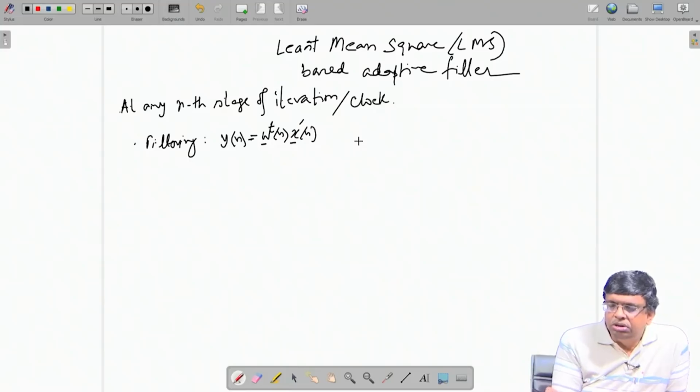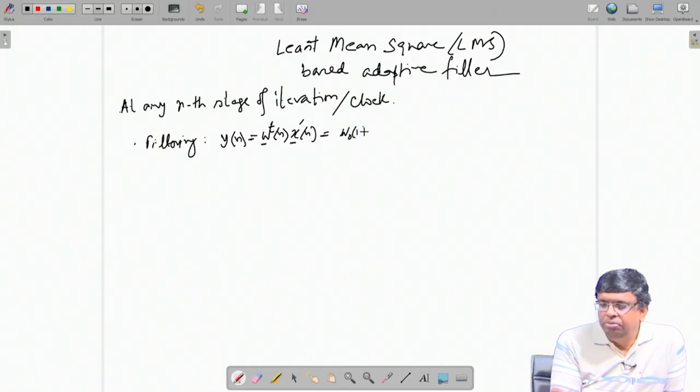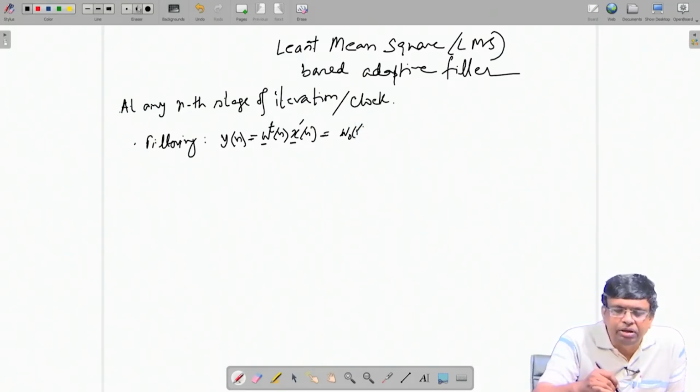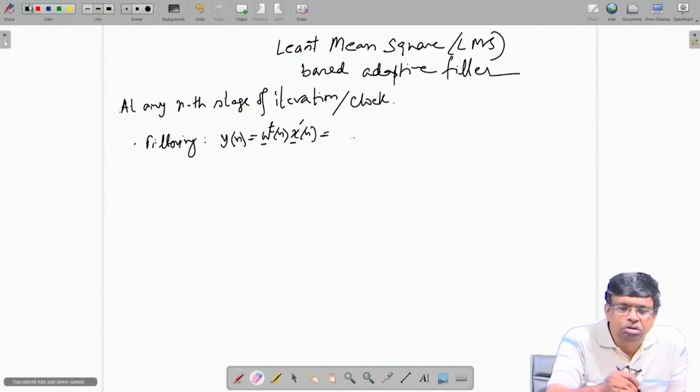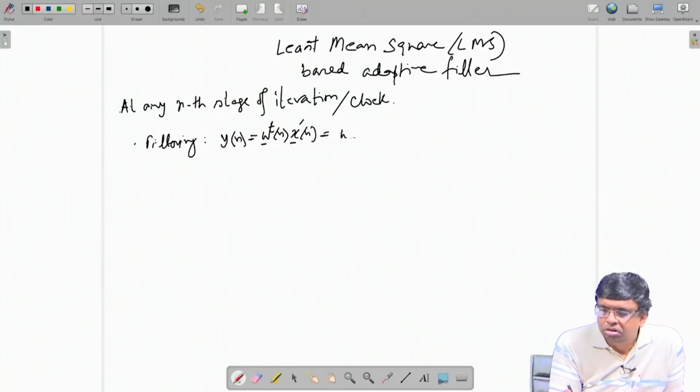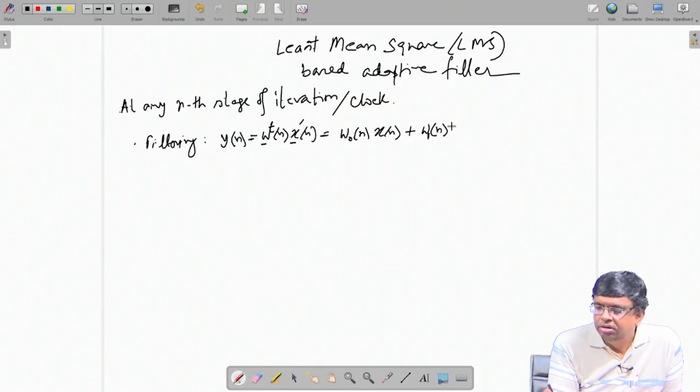Which is nothing but you can write W0, have to put an n because even if it is a 0th coefficient, it changes from n to n, times xn, plus next coefficient W1 n and so on. This is the filter output, which is nothing but W transpose n xn.